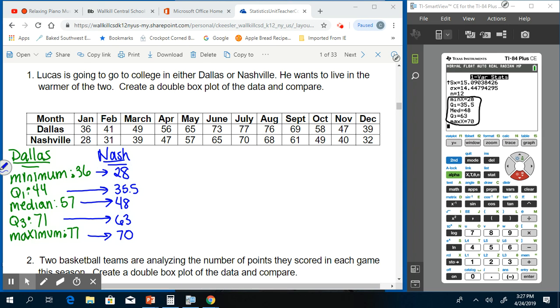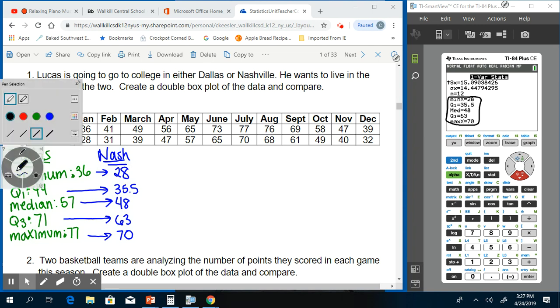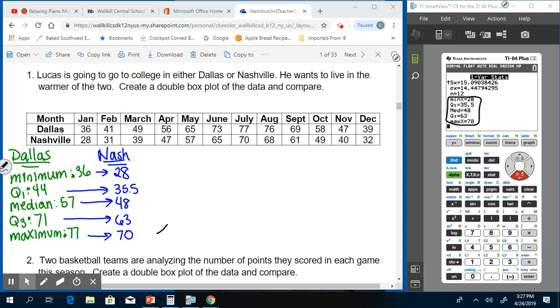All right, so now using those numbers, we are going to create our double box plot. So we need to first make a number line. At the very bottom, I'm going to draw a line. And then I know that my lowest number is 28 and my highest number is 77, so I'm going to think about how I could split this up.